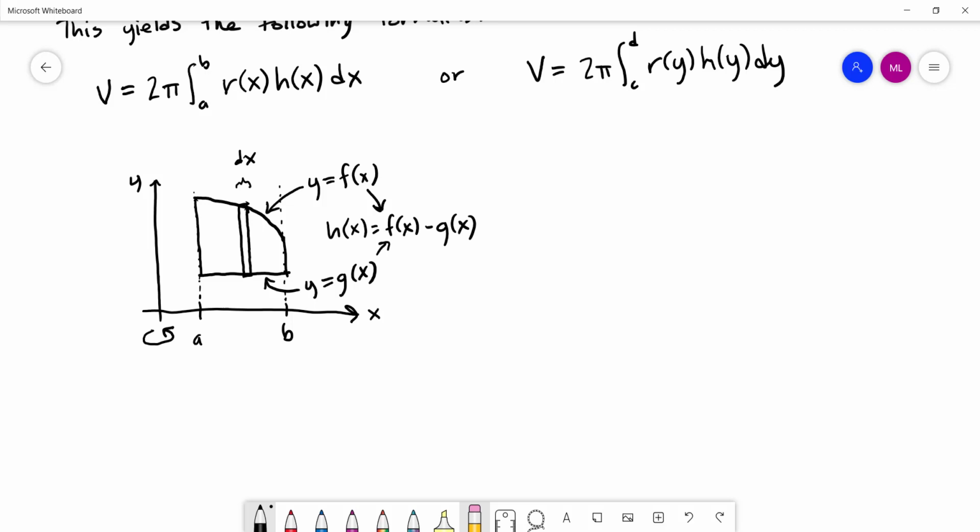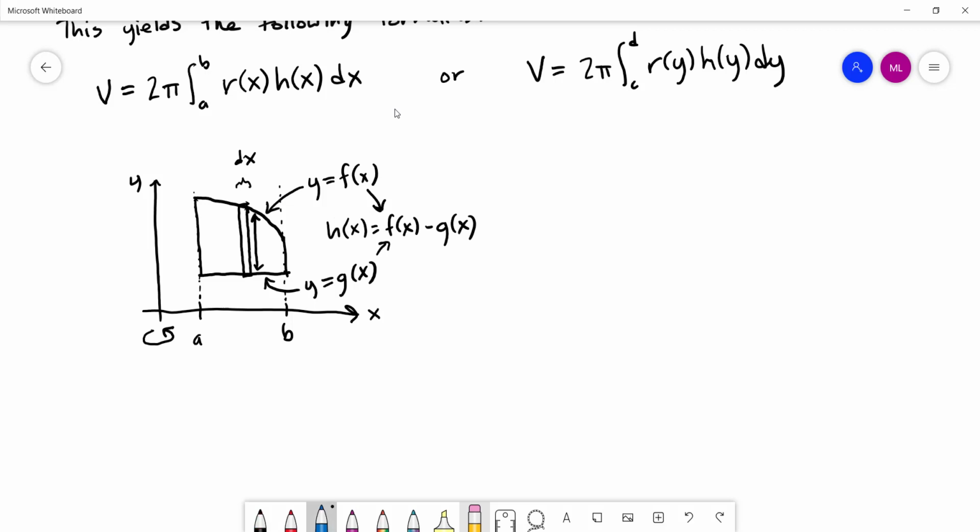So all I'm doing right now is finding this dimension, the height of that little rectangle. And it's just going to be whatever the equation of the top curve is minus the equation of the bottom curve, which gives me the height difference that I'm looking for. So here's my h of x, here's my dx.